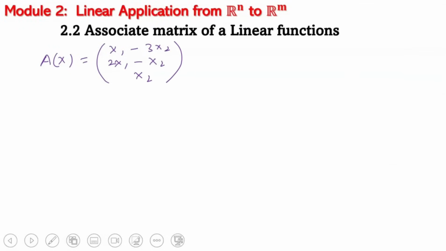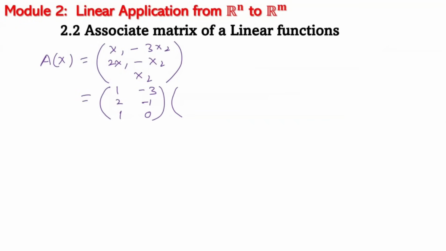So now we can rewrite this as the matrix [1, minus 3; 2, minus 1; 1, 0] times (x1, x2).